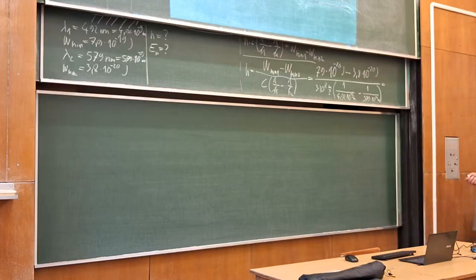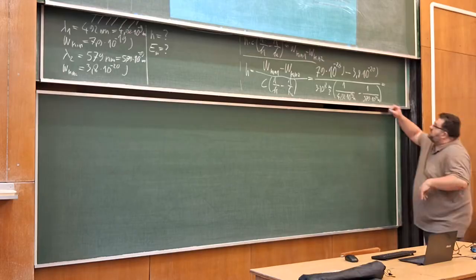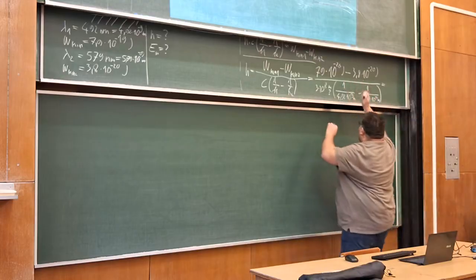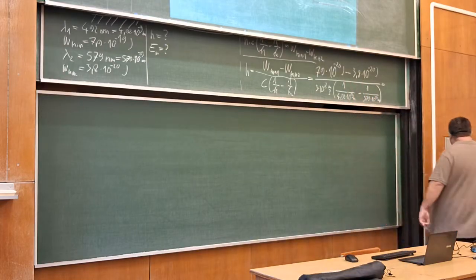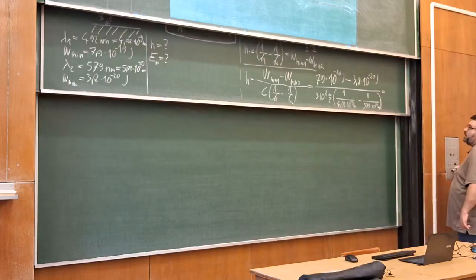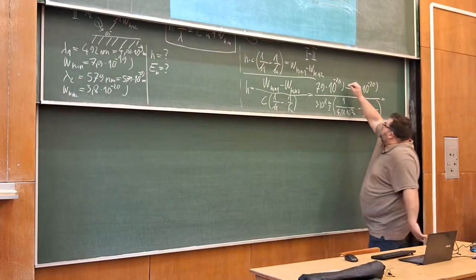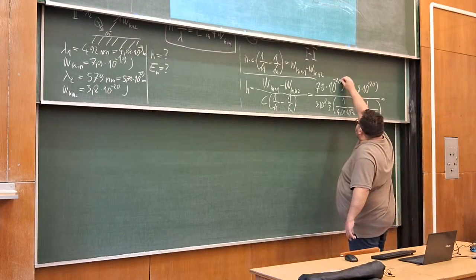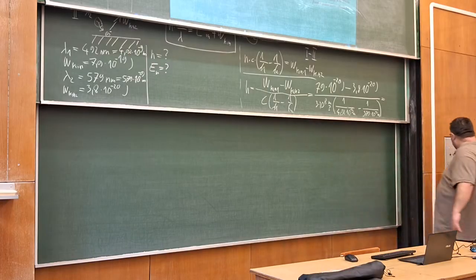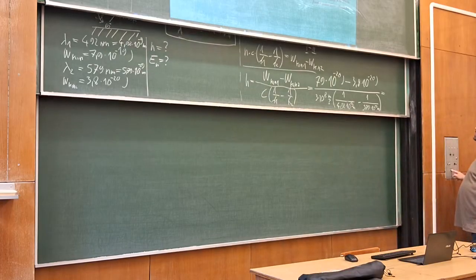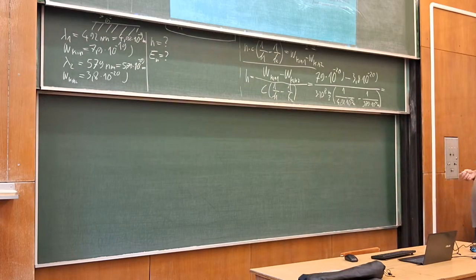So this works. And this is not 6. Oh. Okay. This is 0, so this is 20 minus 10. Let's see what we have. We have something that's quite interesting.